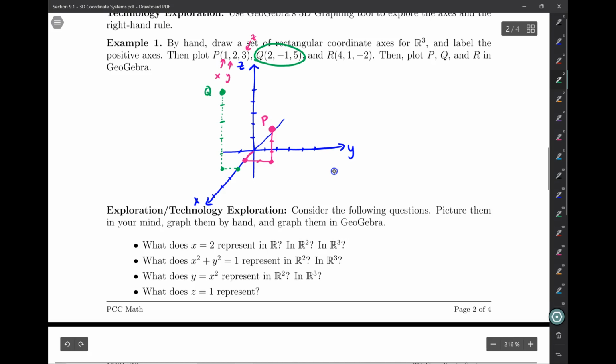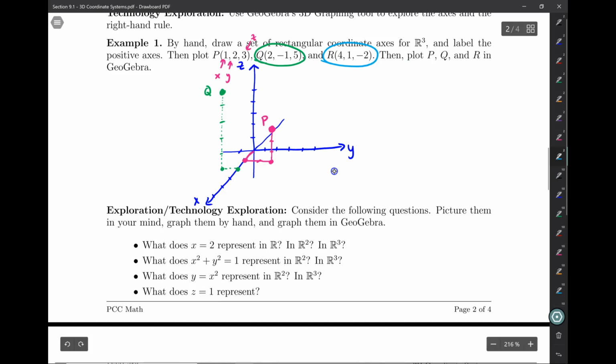There we go. And why don't you go ahead and do the last one. Pause the video and try to plot the point (4, 1, -2), and come on back when you're feeling ready. Welcome back.